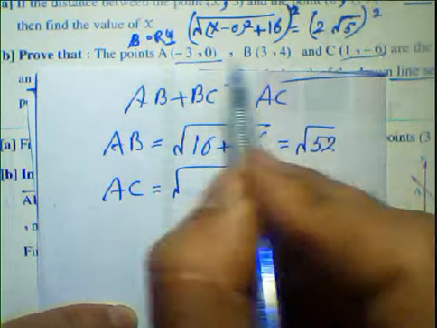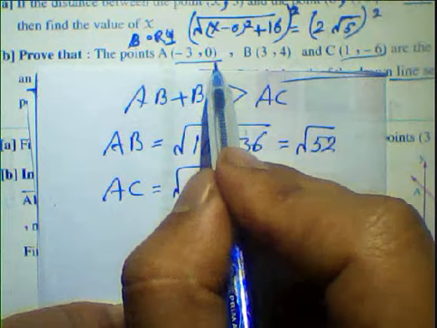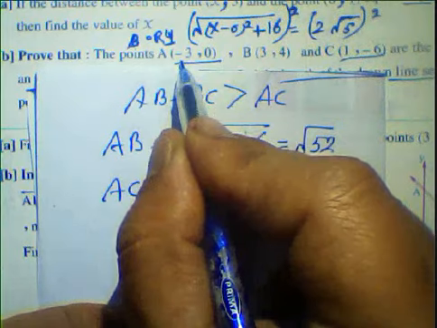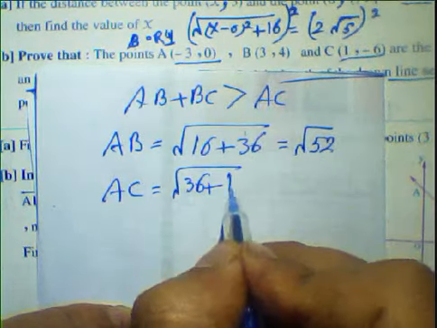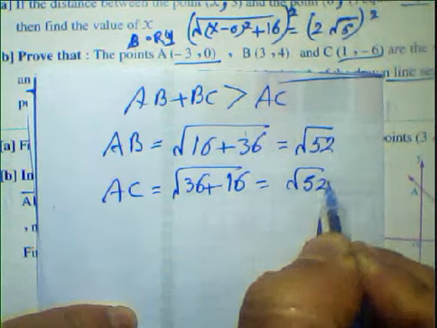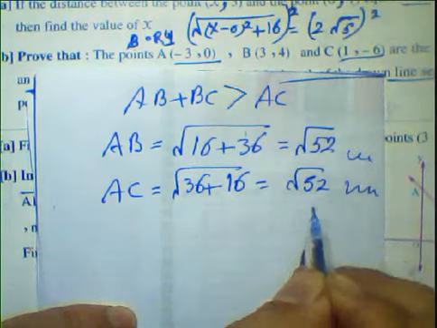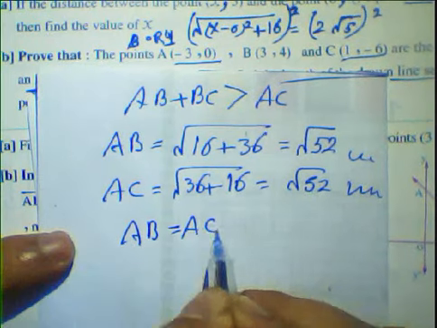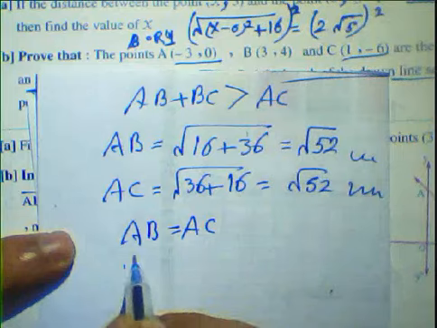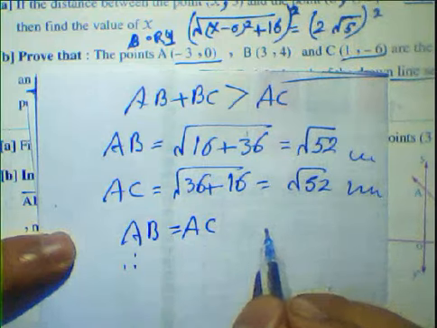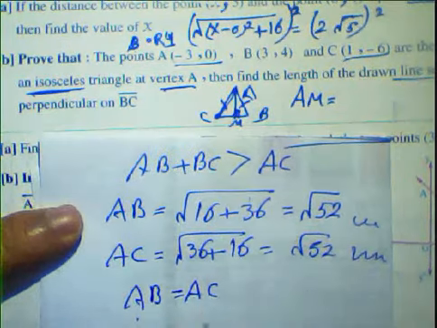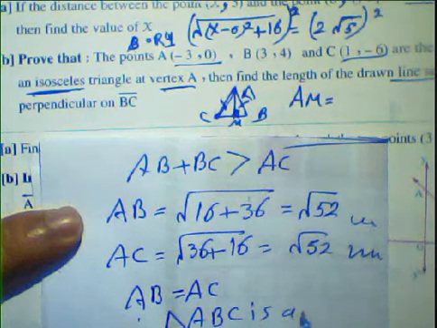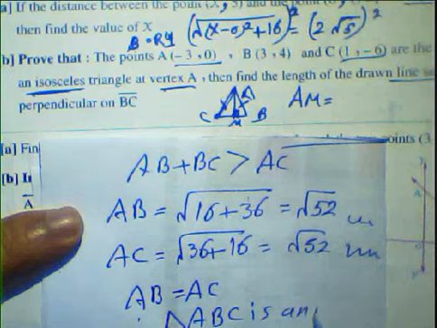A and C: 6 minus 0 equals 6, power 2 equals 36. 1 minus 3 equals negative 4, 4 power 2 equals 16. The total will be root 52 units. Then we prove that AB equals AC and this triangle is isosceles. So triangle ABC is an isosceles triangle.